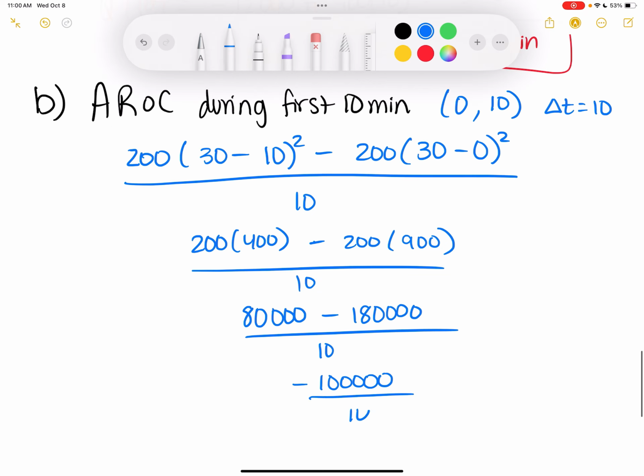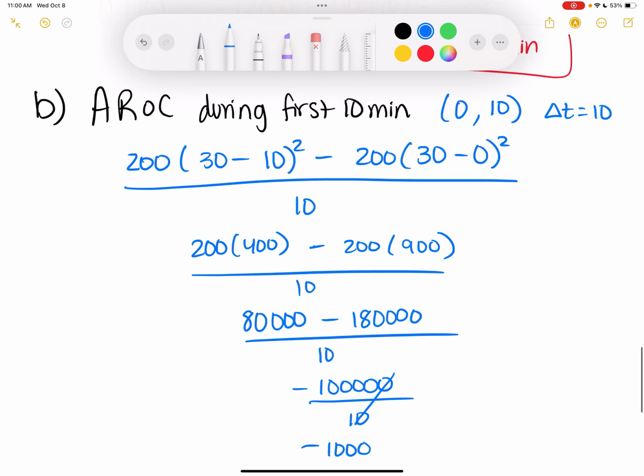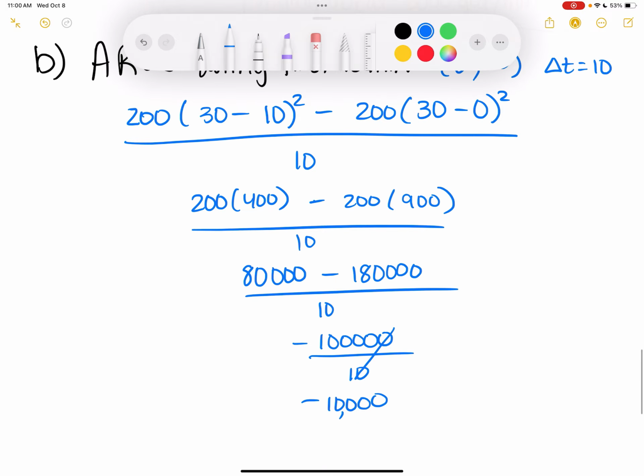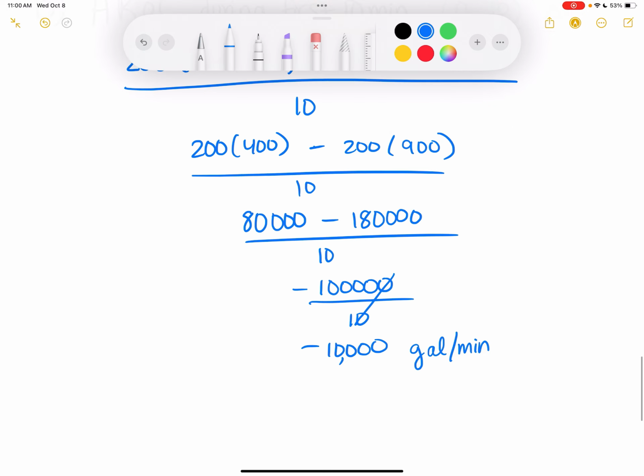Then over 10. So then one of the zeros just cancels off. So this is negative 10,000 gallons per minute. Or, well, obviously that it's running out, which is what the negative is telling us. So the average velocity is 10,000 gallons per minute running out.